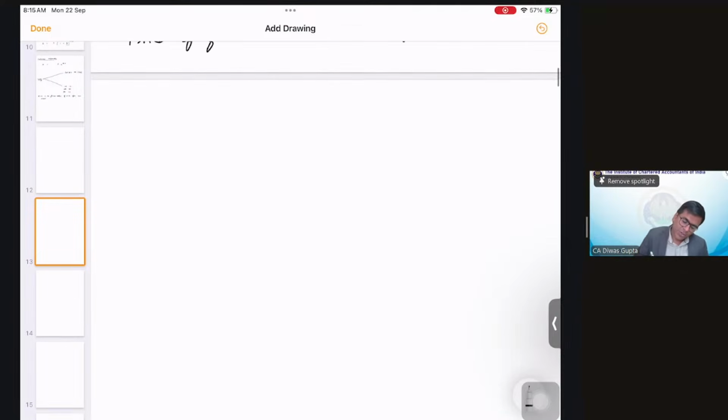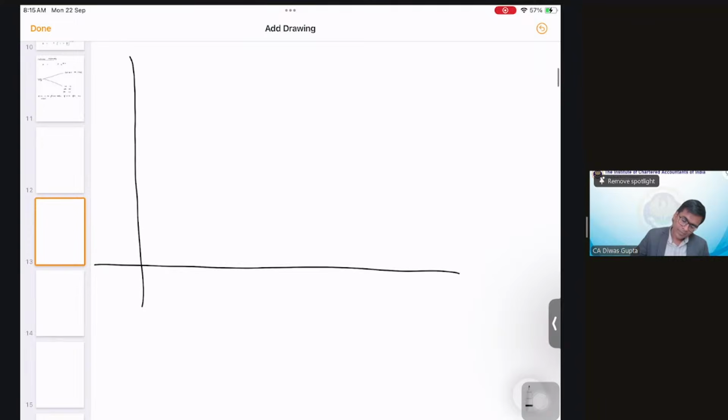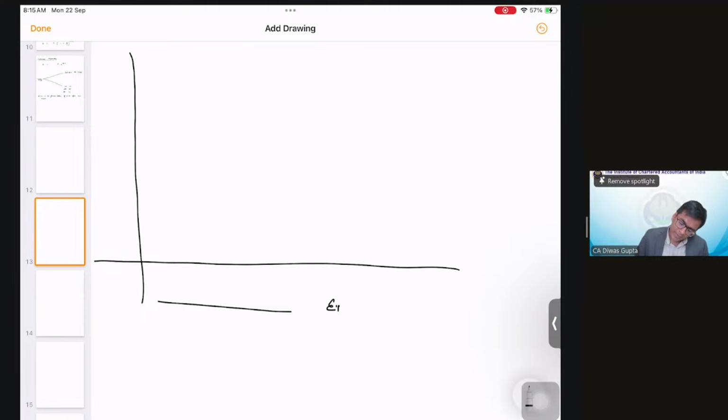This can be even shown using this. Okay, so this is expiry moving in this direction.